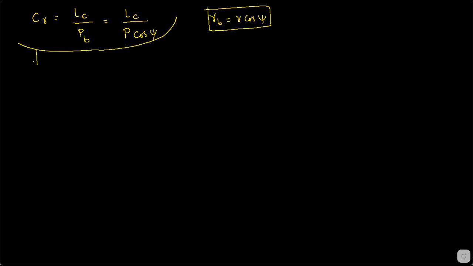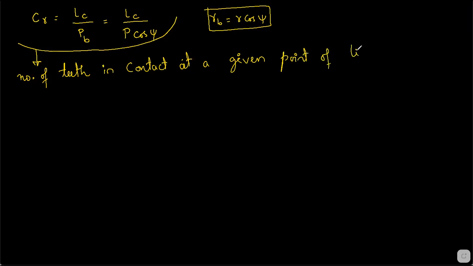Contact ratio is the number of teeth in contact at a given point of time. Okay, it means suppose you have a pinion and a gear; the gear is bigger, the pinion is smaller.